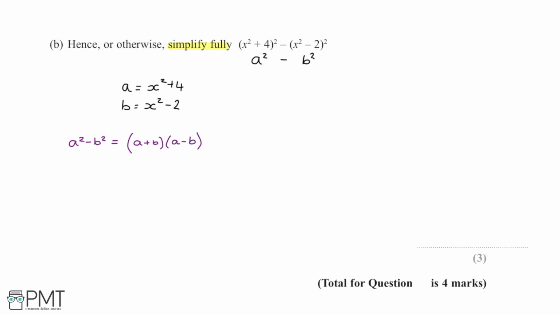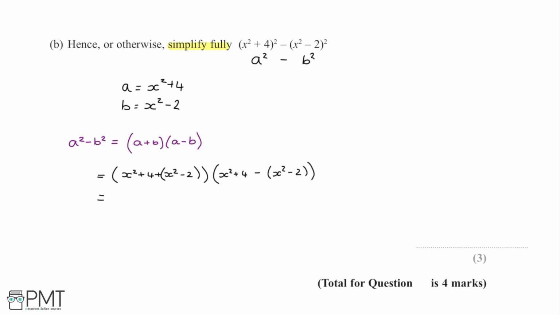Now we can take this and use it to simplify what we have here. So in brackets a plus b, we have x squared plus 4 plus x squared minus 2. And we're going to multiply that by a minus b, so x squared plus 4 minus x squared minus 2.